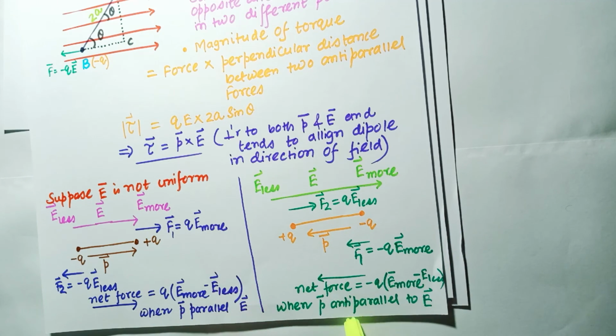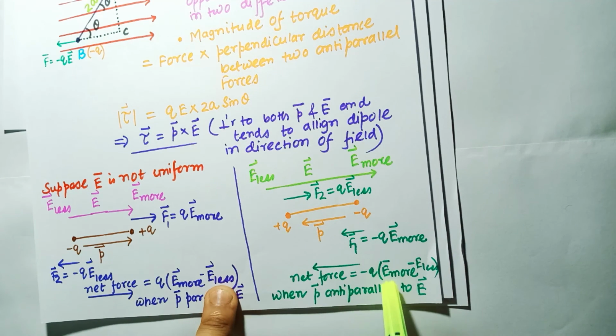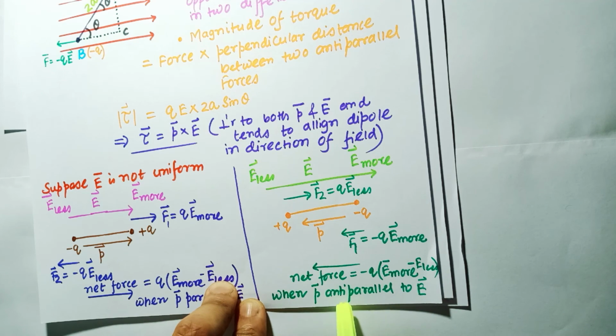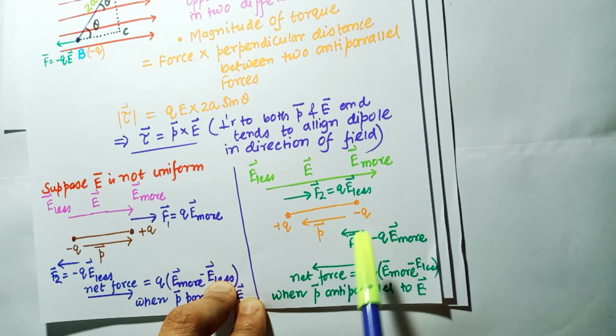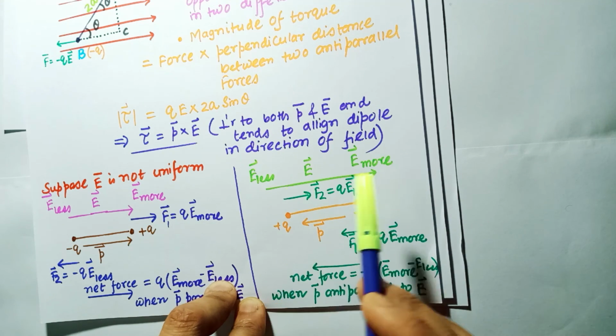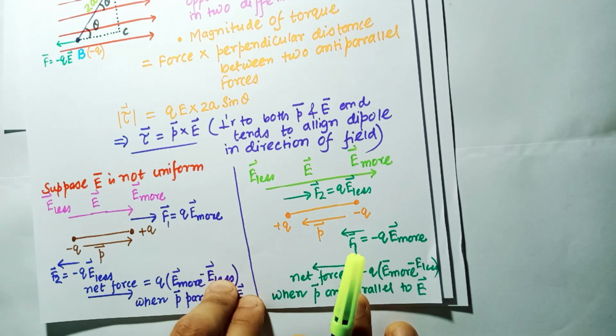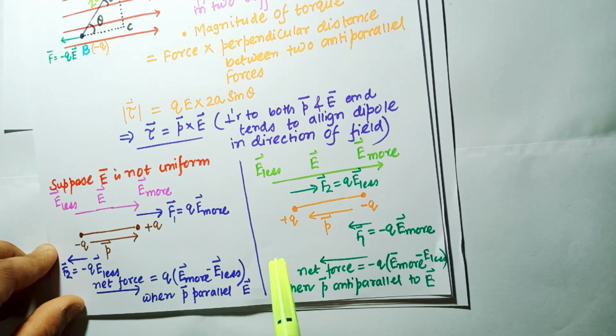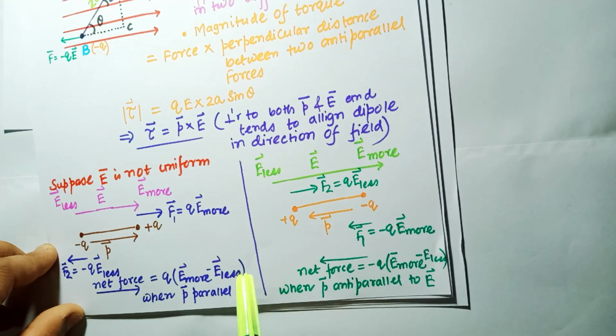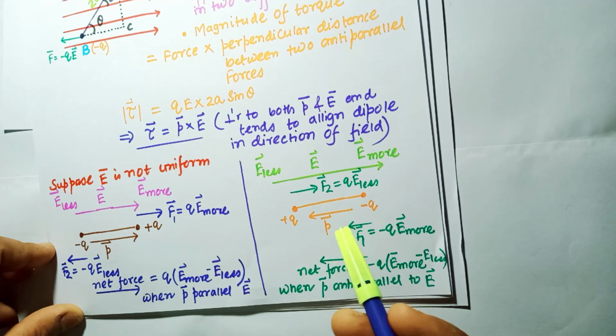So the net force will be minus q times E more minus E less. You can see that when P is anti-parallel to the E vector, the net force acts towards the dipole moment direction. It means the net force acts towards the decreasing direction of the electric field. So when the field is not uniform, the net force depends on the orientation of the dipole moment with respect to the electric field.